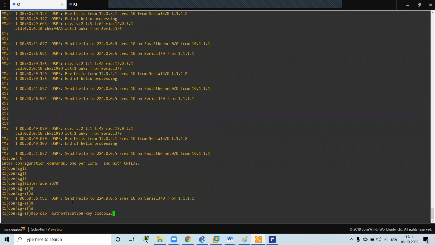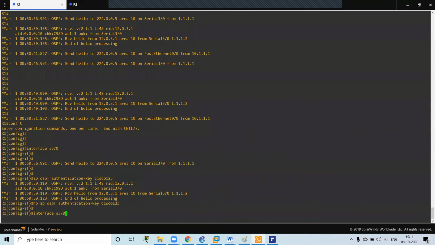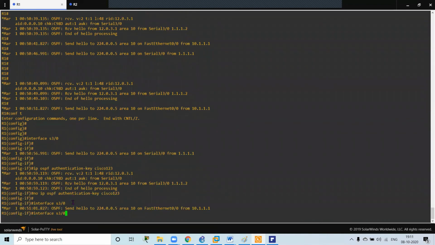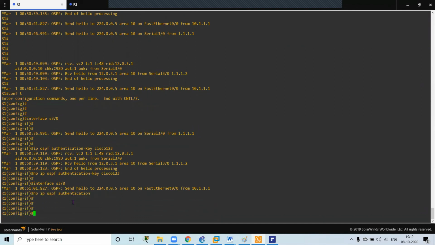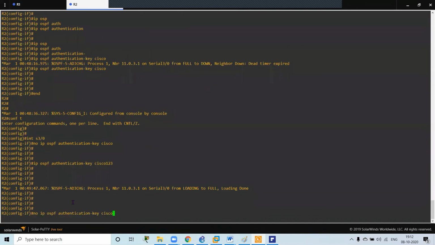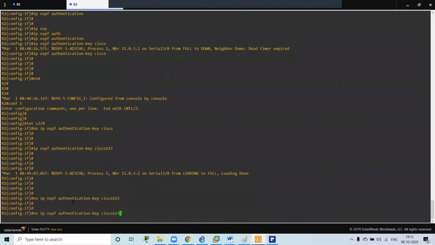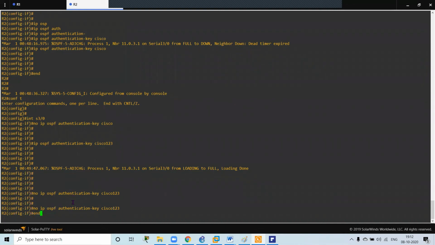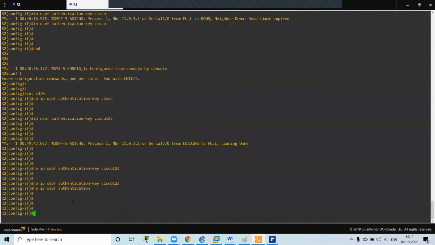I'll remove this authentication, the clear text authentication, from both sides.